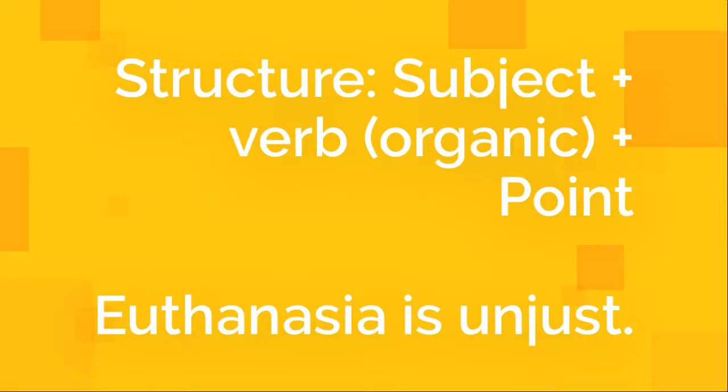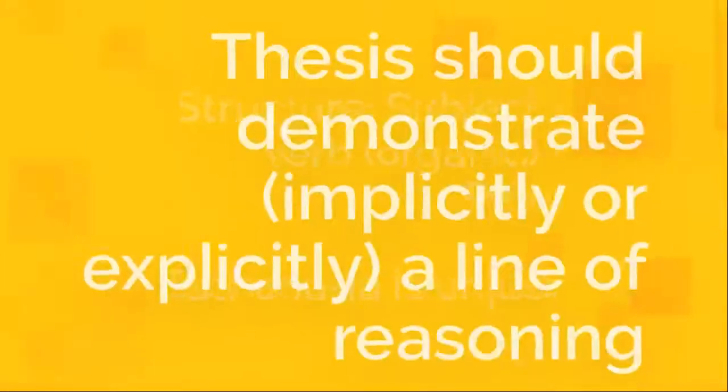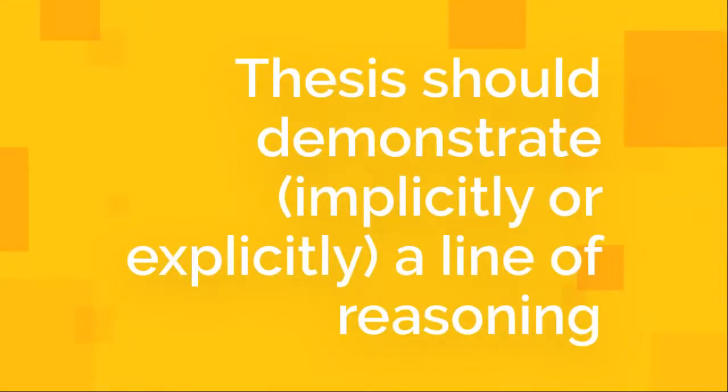So you see that the defensible position is certainly noted there. Okay. So in addition, and again, I would argue that this is just the starting point of a thesis, because I think when you construct a thesis, your thesis should also implicitly or explicitly demonstrate a line of reasoning. So what do we mean by a line of reasoning?